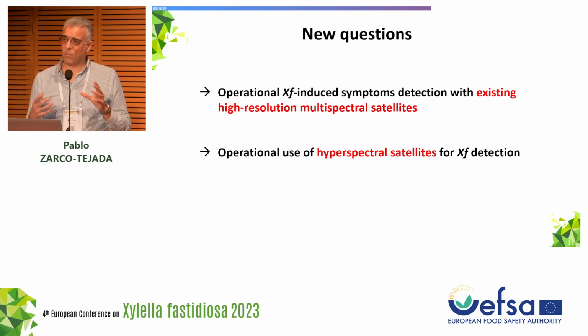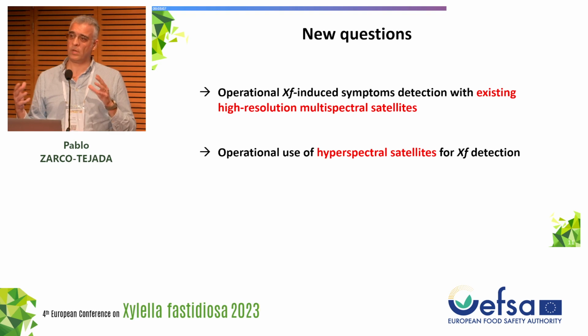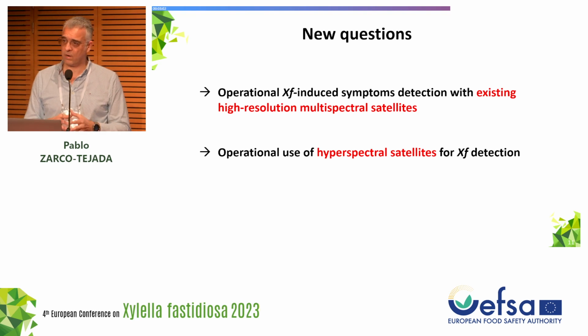First of all, whether operational detection of Xylella fastidiosa-induced symptoms could be done using existing multispectral satellites that can be accessed by anyone. Second, whether the new hyperspectral satellites that have been launched or are going to be launched can be used for the early detection of Xylella fastidiosa and any other vascular disease, particularly because some of them are already available, but the spatial resolution is coarser.